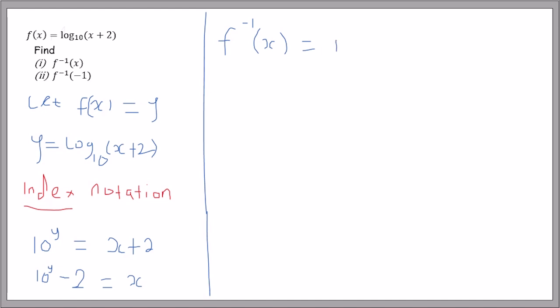So this will be actually 10 to power x, then minus 2. Yeah, and this is the solution.